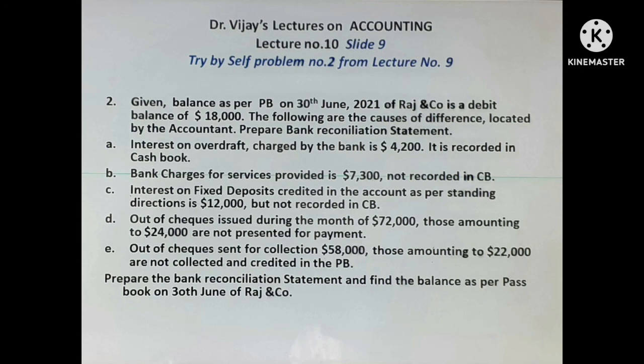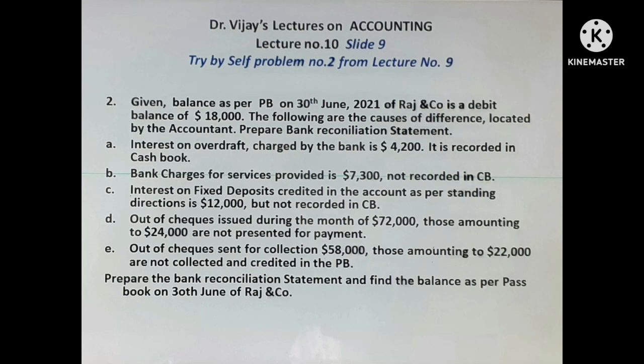Okay. Now cost of difference number 1. Interest on overdraft charged by the bank, $4,200. It is recorded in the cash book. Note that sentence. It is recorded in the cash book. Now next, bank charges for service provided is $7,300, not recorded in the cash book. Now see, interest on fixed deposits credited in the account as per standing directions is $12,000, but not recorded in the cash book.